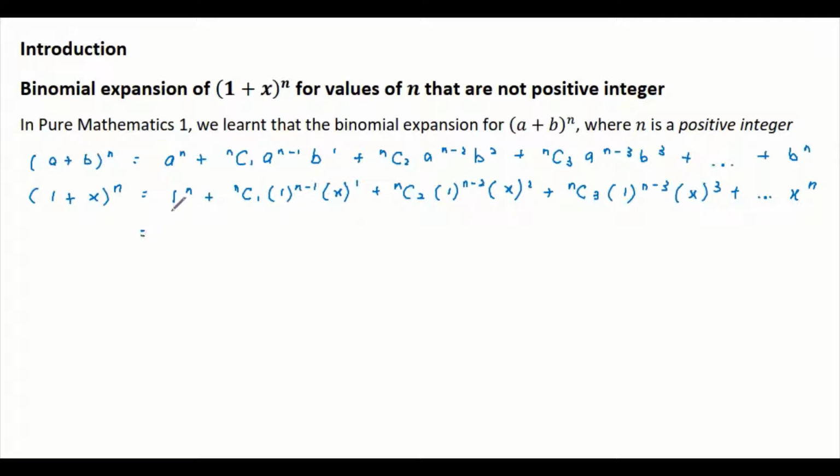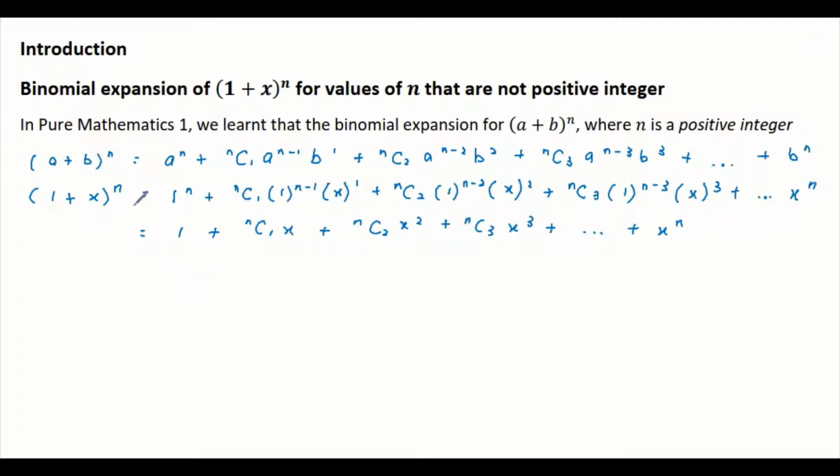You can see that 1 to the power of n, 1 to the power of n minus 1, 1 to the power of n minus 2, all these terms will give you the same answer, which is 1, because 1 to any index is still 1. So let's simplify it: nC1 x, nC2 x squared, nC3 x cubed, and so on until the last term is x^n.